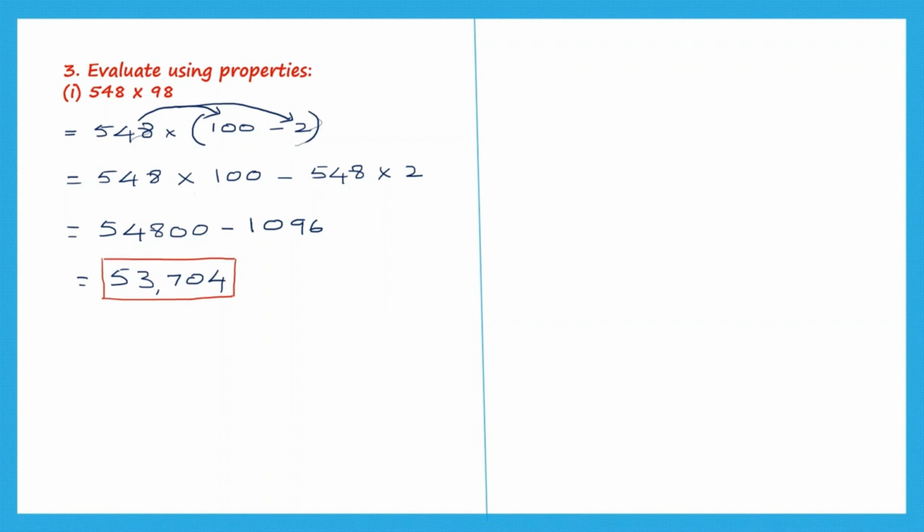Now we have another way of doing this. So let me write down the question. 548 into 98. Now I'm going to distribute 548. I'm going to make it 500 plus 40 plus 8. 548, I've expanded it. I've got 500 plus 40 plus 8 into 98. So now when you multiply, you first multiply 98 into 500.